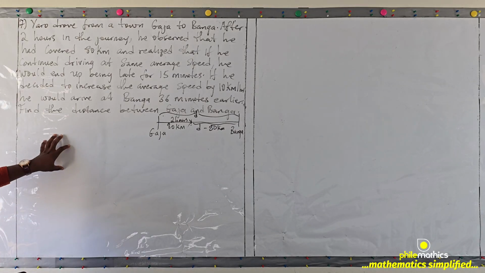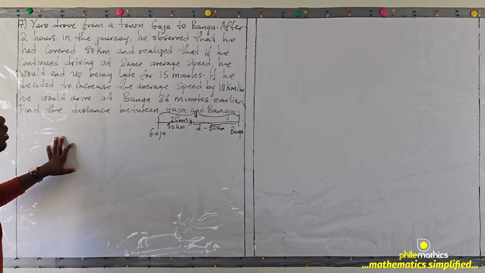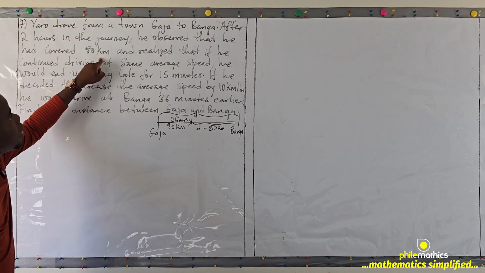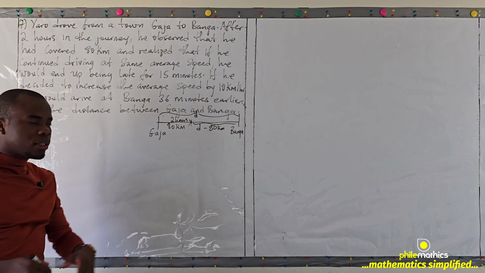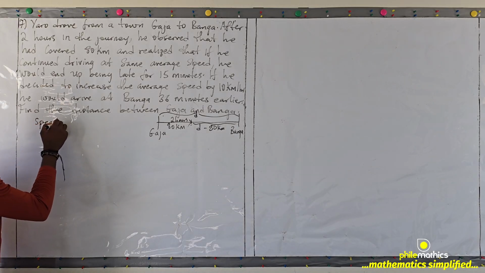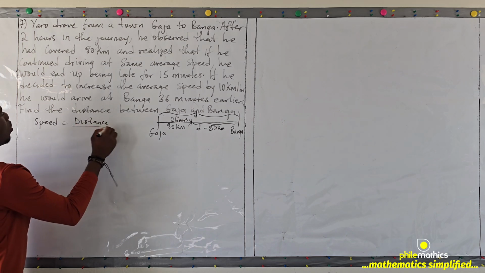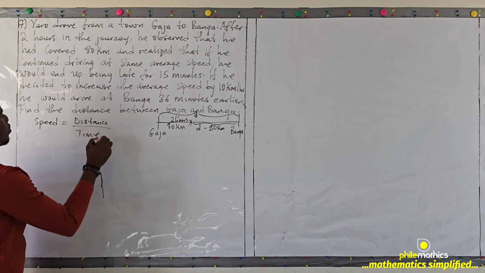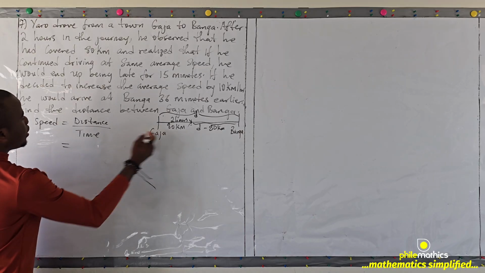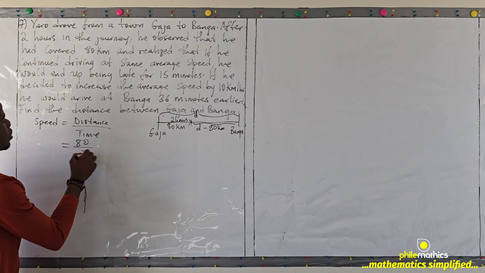Now the first thing you want to do is to find the speed at which he was driving when he drove for 80 kilometers in 2 hours. Recall that speed is distance over time. So the initial speed will be the 80 kilometers he has covered over the 2 hours.